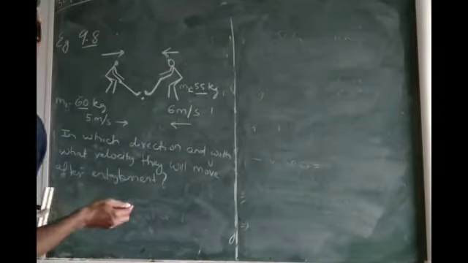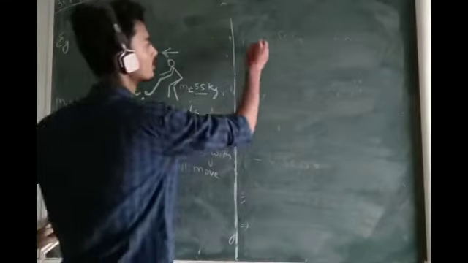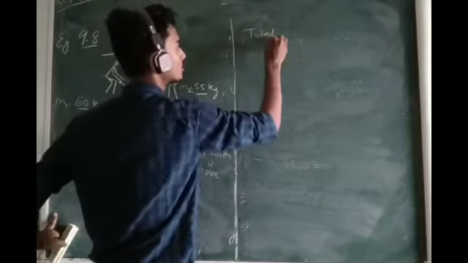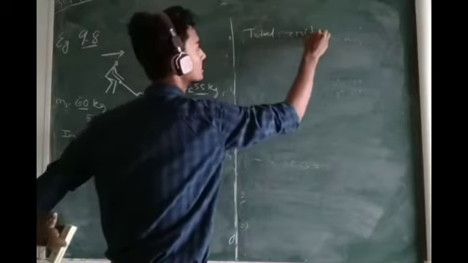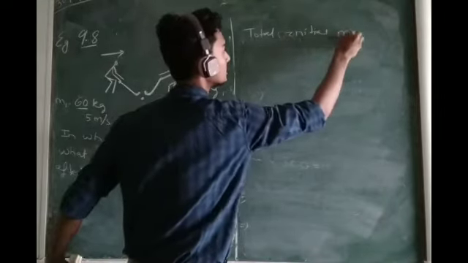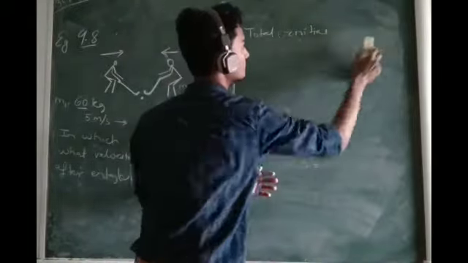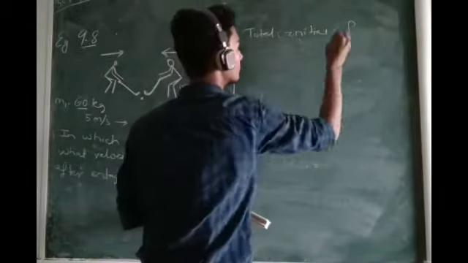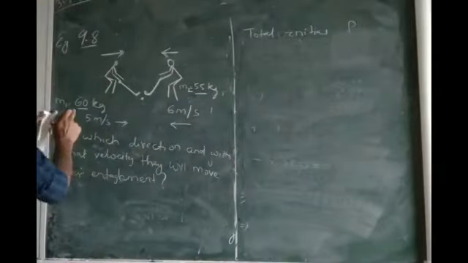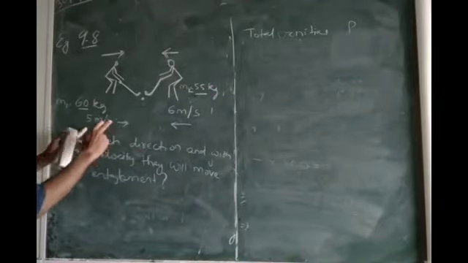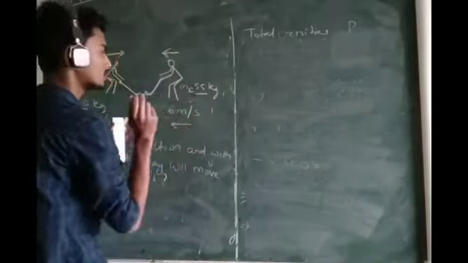So what will be the total initial momentum? We know that it is mass of player 1 into its velocity plus mass of player 2 into its velocity.